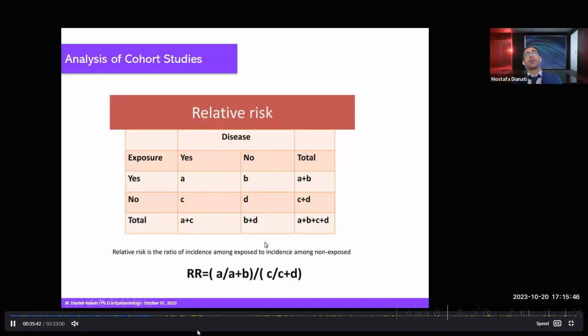So simply you can calculate relative risk in your study. Fortunately, you don't have to calculate it with a calculator or an Excel file. You can simply analyze it using SPSS, Stata, or Python.